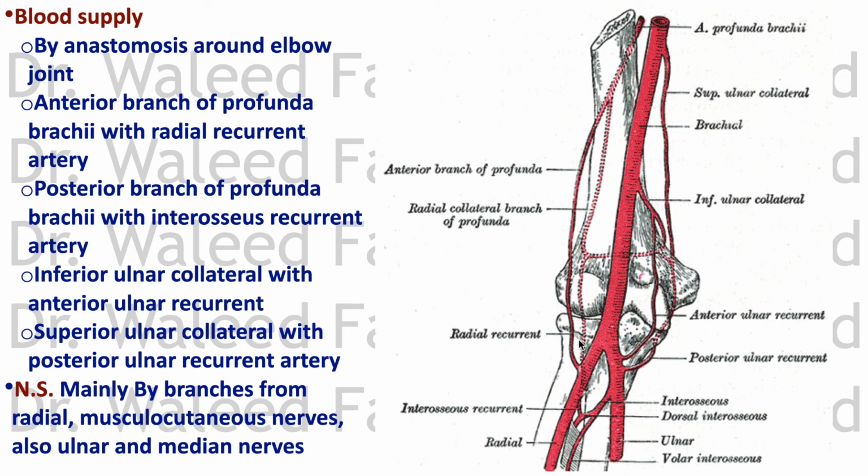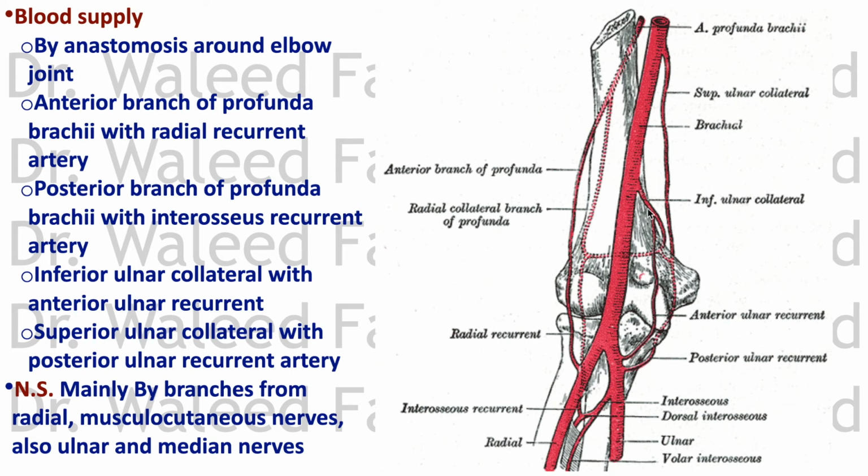I learned them by heart, you know: the ones with the S's together, the posterior descending and the interosseous together, the anterior descending and the radial recurrent. On the medial side, the superior ulnar collateral, also with an S, anastomoses with the posterior ulnar recurrent.